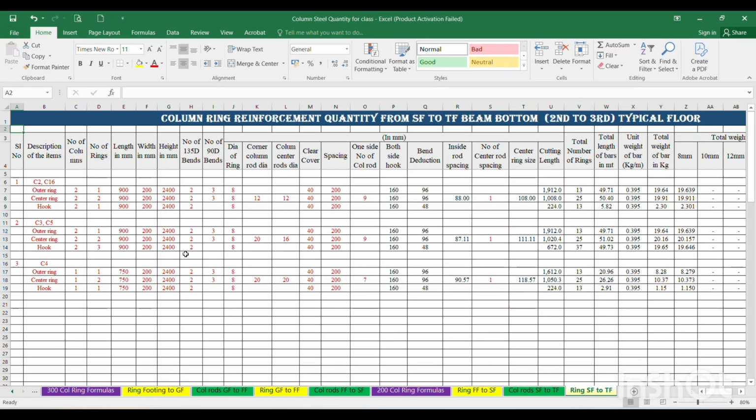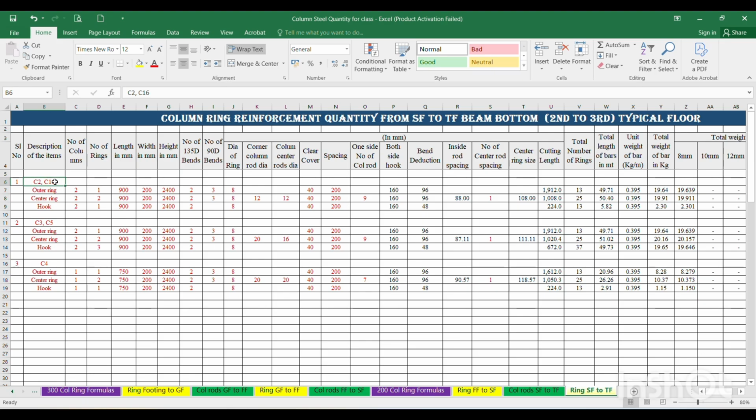Now I am going to this Excel sheet. We'll start with C2. Already we have done on the ground floor level C2 and C16. C2 and C16 are typical, and if you do all the columns, maybe a few more columns will come. Now C2 and C16 are there in the two pages.